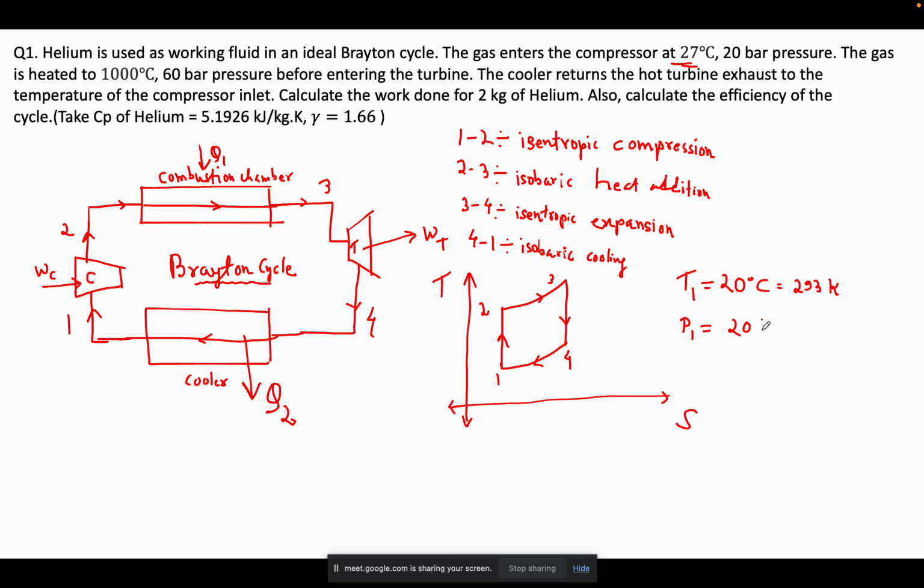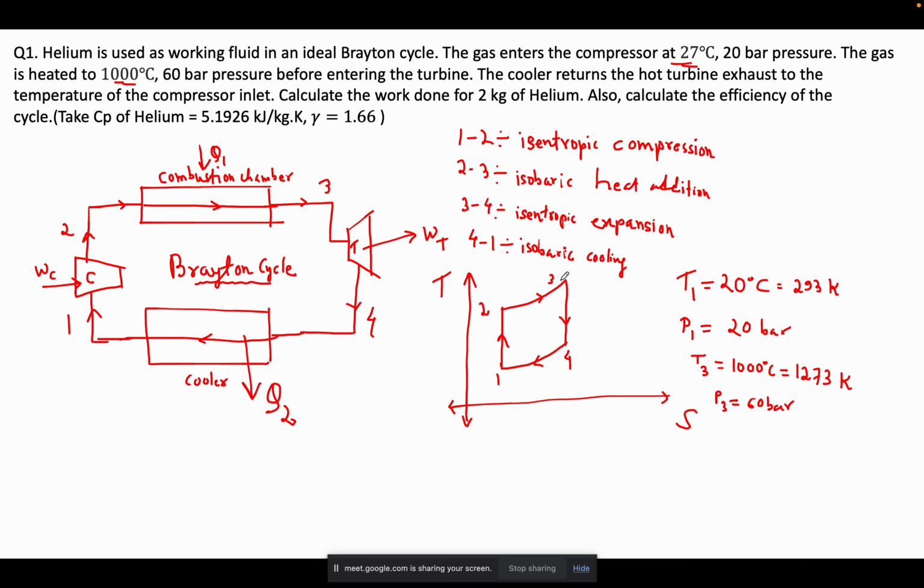Then P1 is given as 20 bar. Then the gas is heated to 1000 degrees Celsius and 60 bar pressure before entering the turbine. So before entering the turbine it is state 3, that means T3 is given as 1000 degrees Celsius, which in Kelvin is 1273 Kelvin, and P3 is 60 bar.